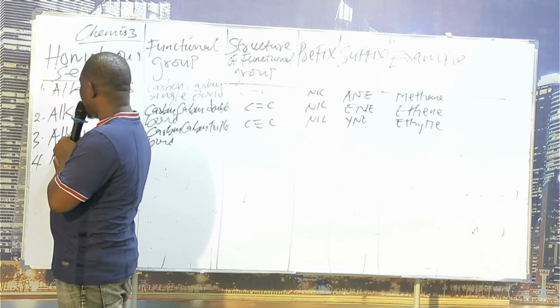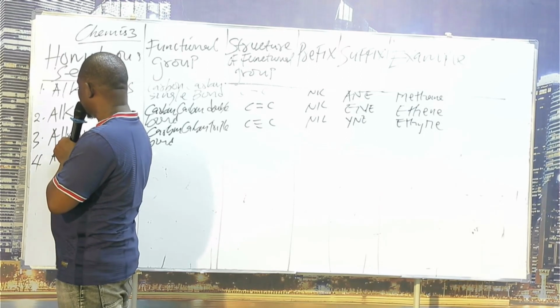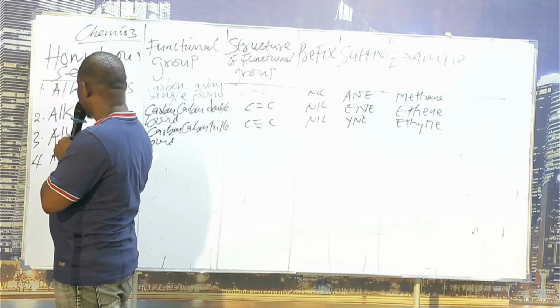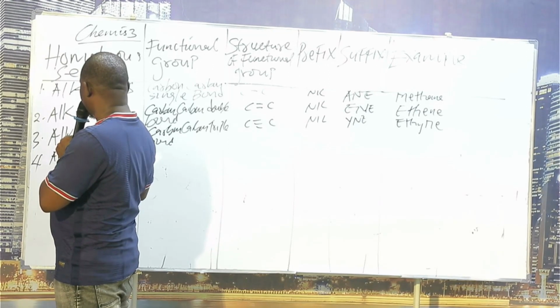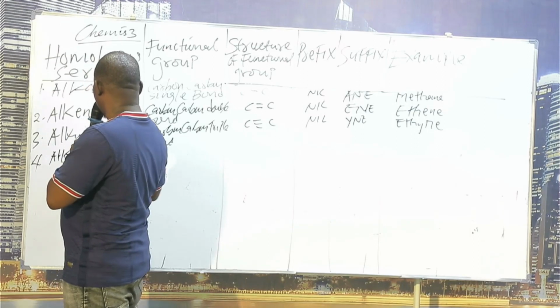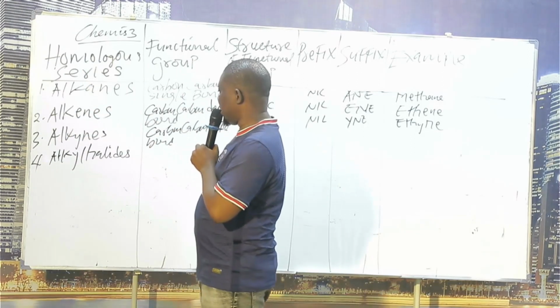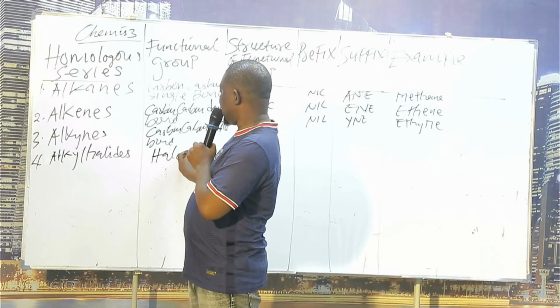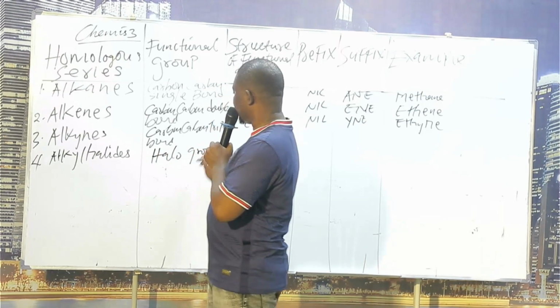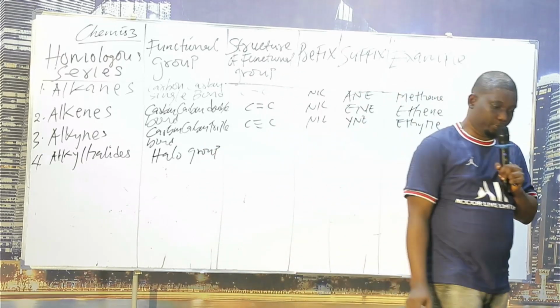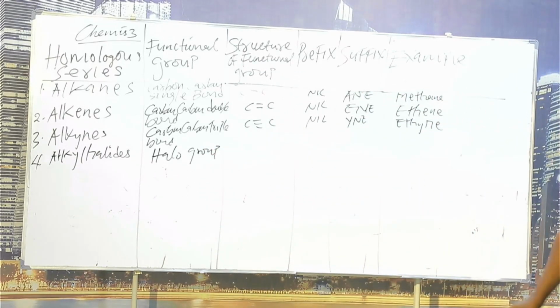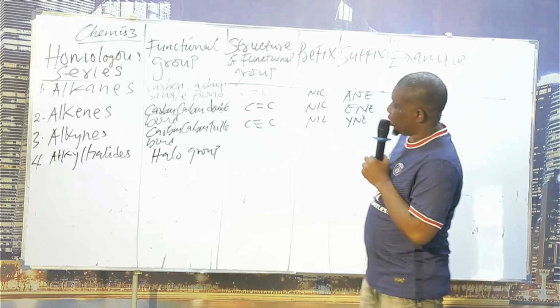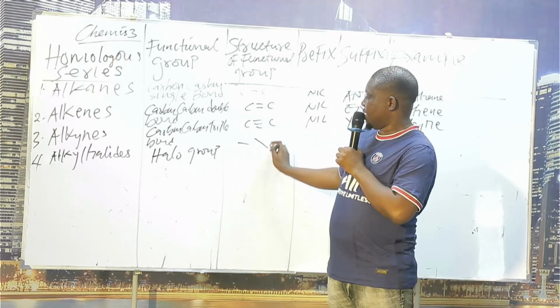Alkyl halides. What is the functional group of alkyl halides? We have it as halo group. The symbol for the structure of halo group is what?